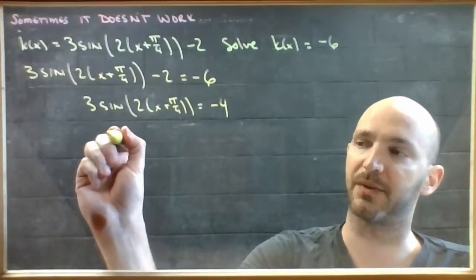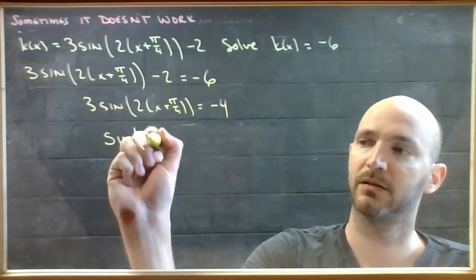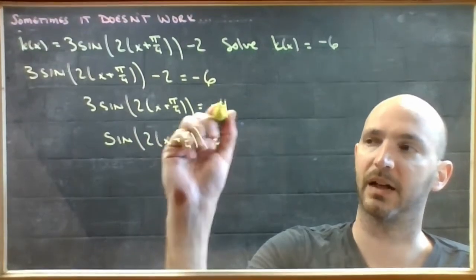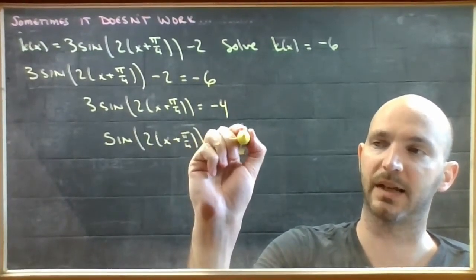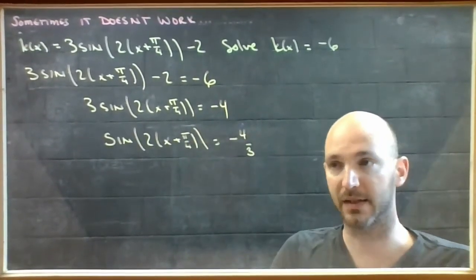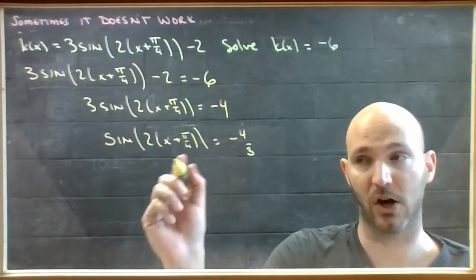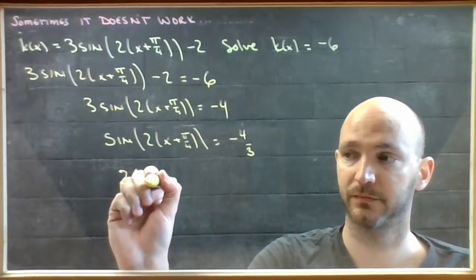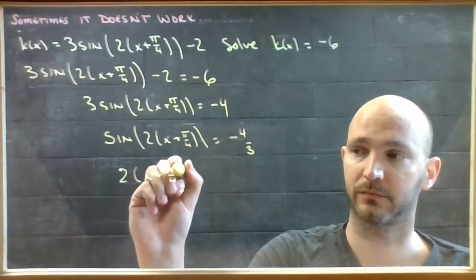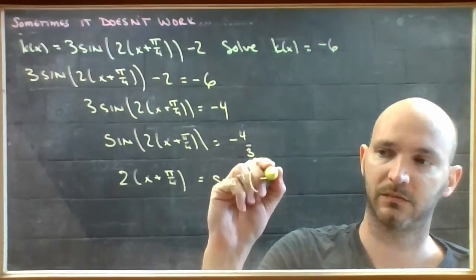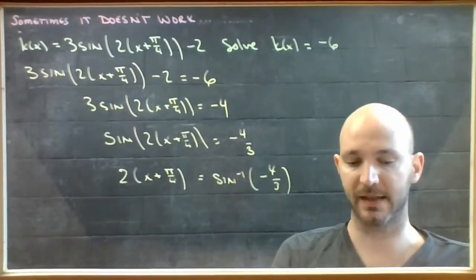Divide both sides by 3. -4 divided by 3 would be -4/3, so I don't have to write the decimals. And the anti-function for sine is arcsine. And this is also forbidden.